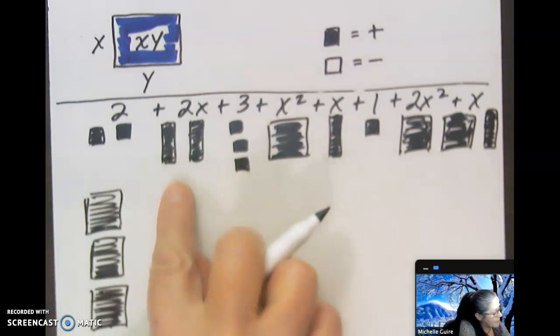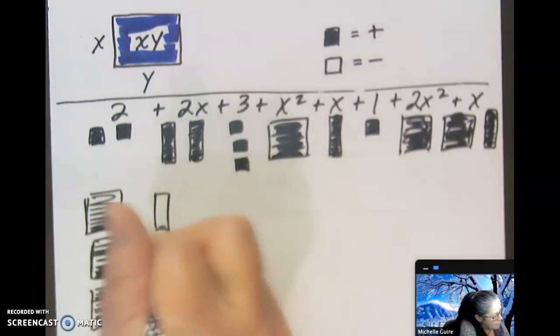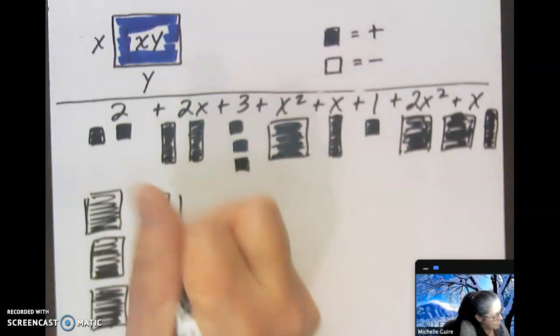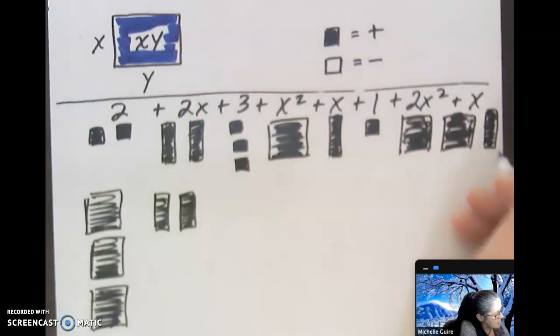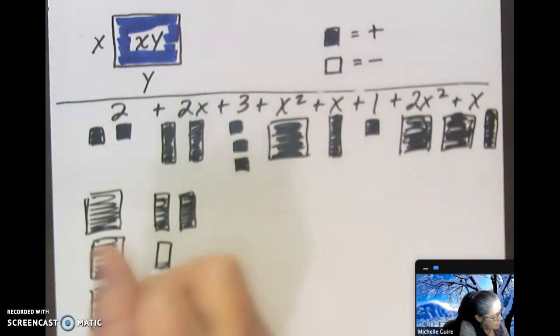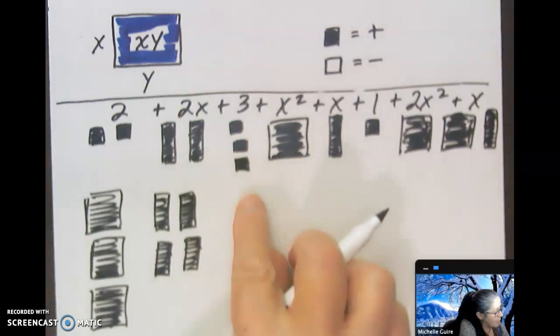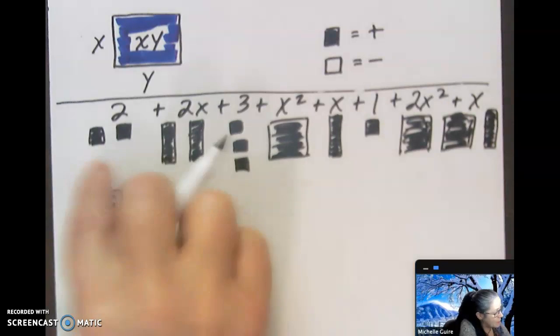And we're going to combine the x's together. So here's 2 of them. And notice these are not perfect. And then there's 1 here and 1 here. And then we have our 1s.